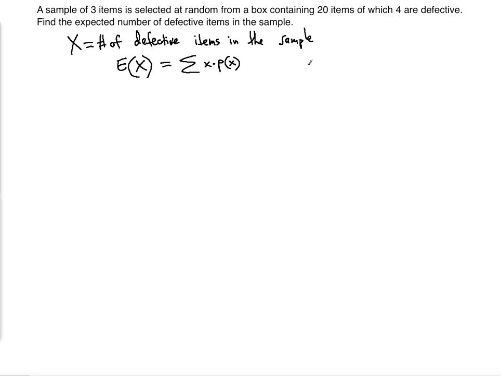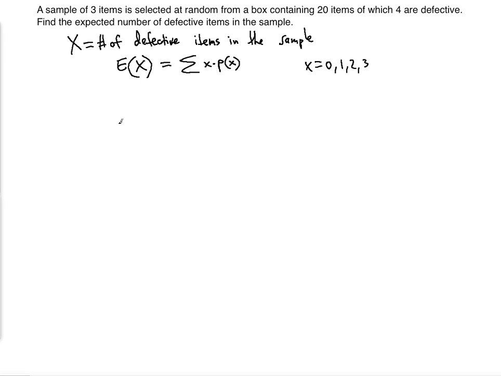Right? And obviously x can take on values 0, 1, 2, and 3. Because there may be 0 defective items, 1 defective item, 2 defective items, and 3 defective items. And these are separate cases, which is why you're dealing with a sum.